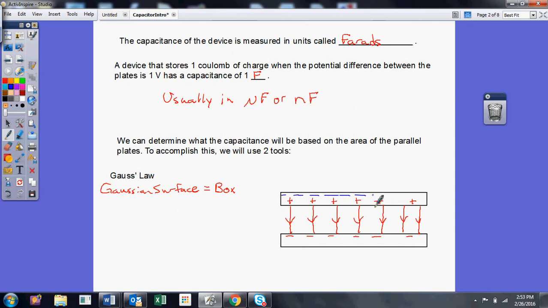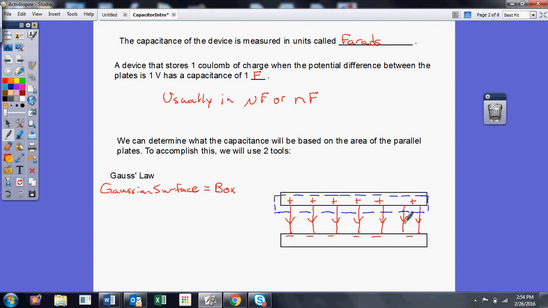I'm going to draw it as a dotted line. It's inside conducting material, so no electric field up there. It's going to enclose that charge, and one face is going to go through the electric field. We're imagining that the plates are into and out of the page, and the box is going to encompass the entire plate in this manner.